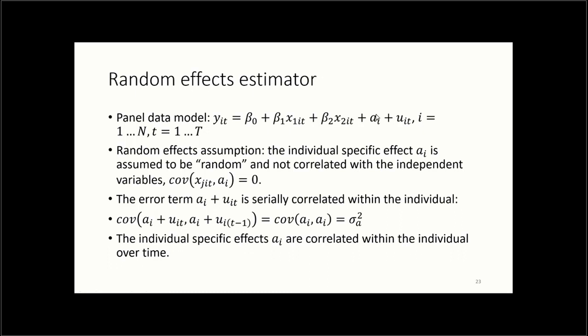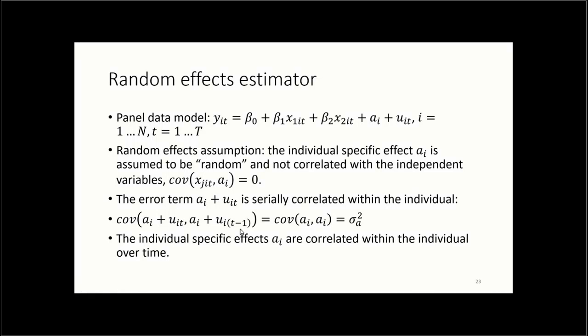variable here. Now, even though this individual specific effect is not correlated with the independent variable, the error term, which is the composite of these two terms now, would be serially correlated within the individual, which means it's going to be correlated over time. So let me show you why. Here we have the covariance. This is the error term in one period, and this is the error term in the previous period.